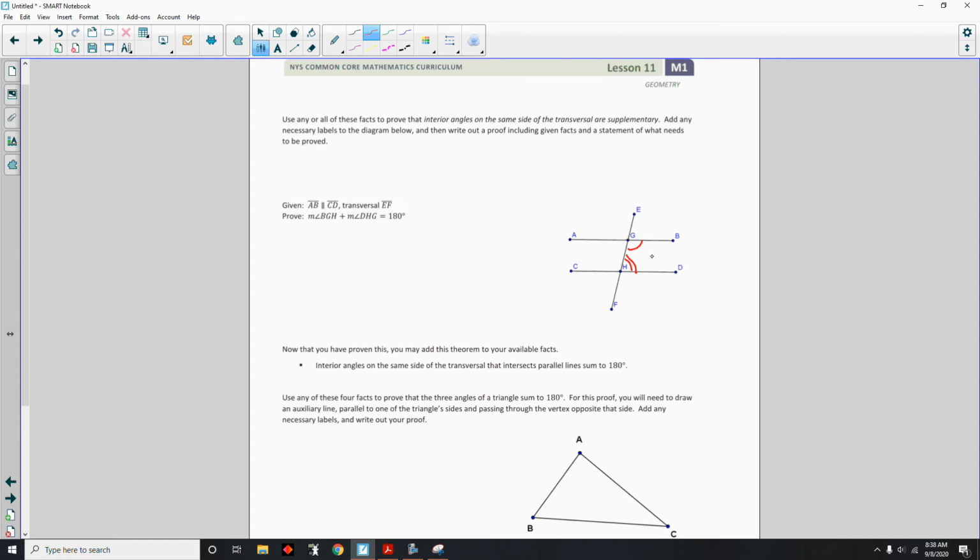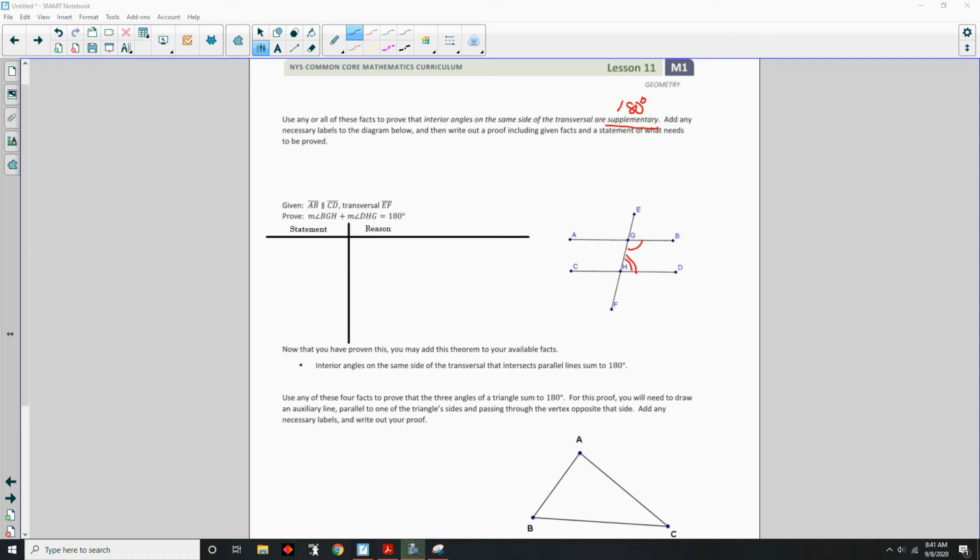Notice I used 2 marks on one and one on the other because they're not congruent. One's acute, one's obtuse. And they are supplementary, meaning they add up to 180 degrees. Add any necessary labels to the diagram below and write out a proof, including given facts and statement of what needs to be proved. Okay, so here we go.